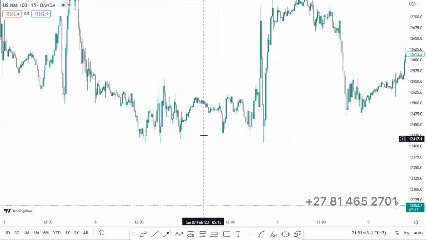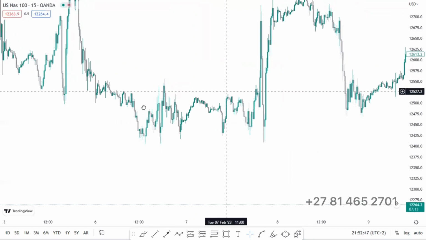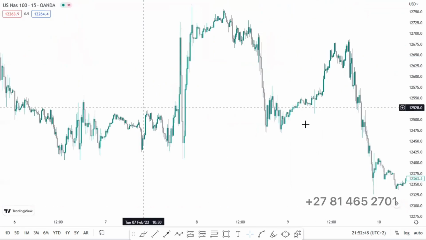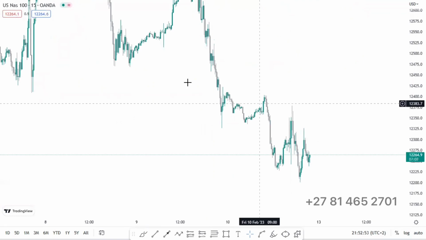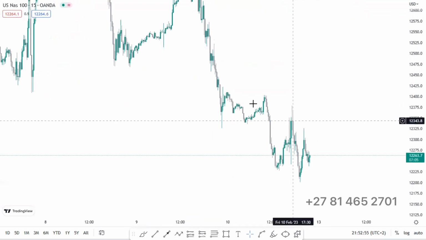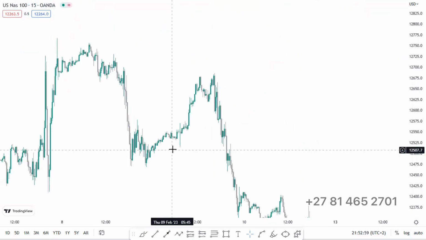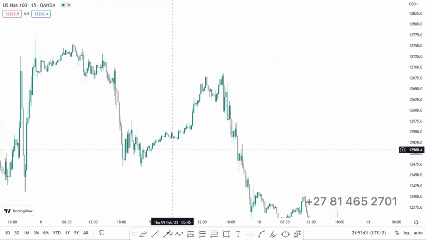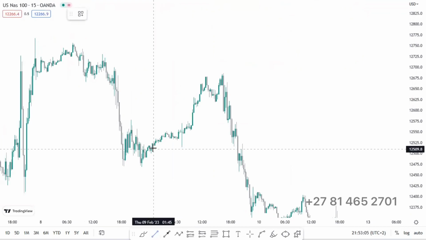When was it? 6 a.m. Oh yeah. Yeah, this is today. That was yesterday here. So what happened yesterday was that I marked from 1 a.m., which is somewhere around there.